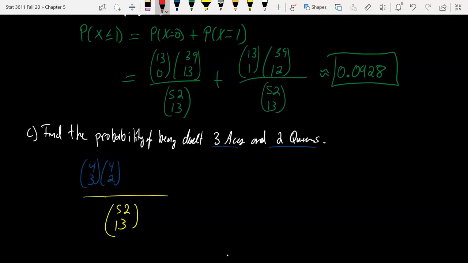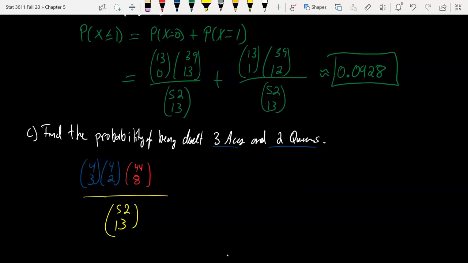So from the remaining, what is 52 minus 8? From the remaining 44, we need to choose how many cards? We need a hand of 13. We've already got 5 because we got the 3 aces and 2 queens. So we would need 8 from the other 44.